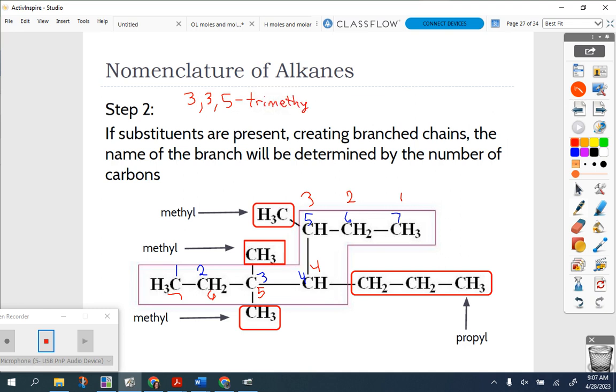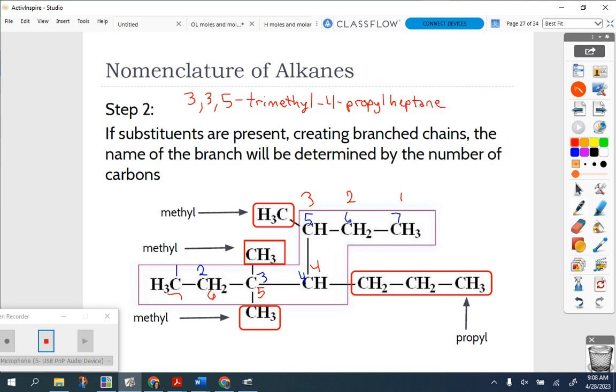That's telling me that I have 3 methyl groups, and 2 of them are on carbon 3 and 1 of them is on carbon 5. And then 4 propyl, because this is a 3-carbon propyl group, heptane.